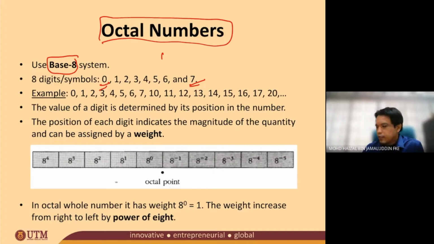Again, it is also based on weight. For the whole number, you start with the positive power of 8 to the power of 0, and it increases for the positive. For the fraction part, it's the same, you move to more negative powers from left to right.